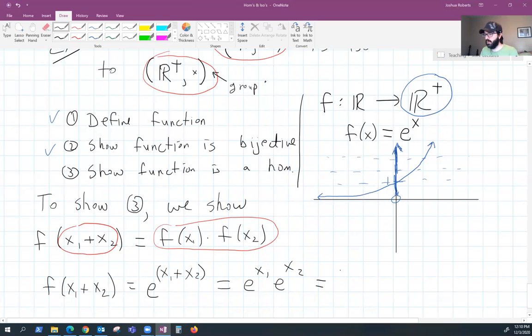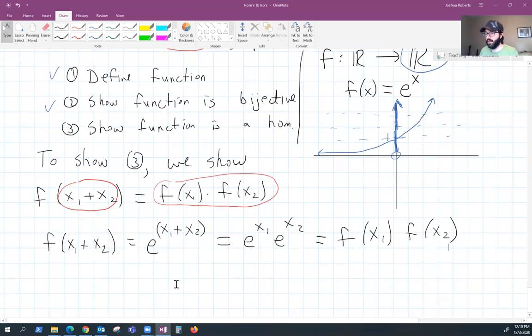But e to the x1 is applying my function to x1, and e to the x2 is applying my function to x2. That's exactly what we wanted. So that means we've shown that this function, so I have R to R plus, and f is my function, is an isomorphism because it's a function that is bijective, and I've shown that it's a homomorphism, therefore it's also an isomorphism.